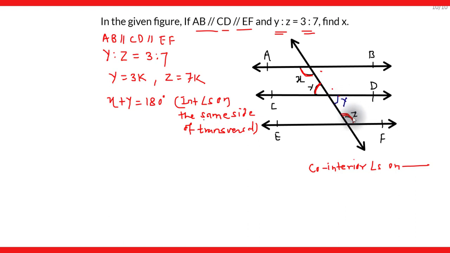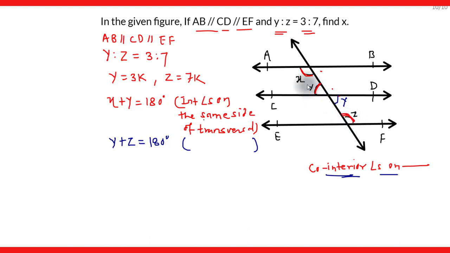So we can say Y plus Z is equal to 180 degrees. So second step we get that Y plus Z is equal to 180 degrees. We can write the reason as co-interior angles on the same side of the transversal. Remember, we call these angles co-interior angles on the same side of the transversal.